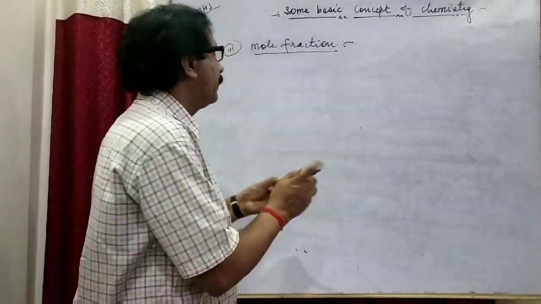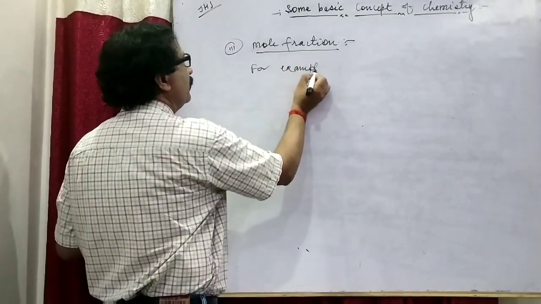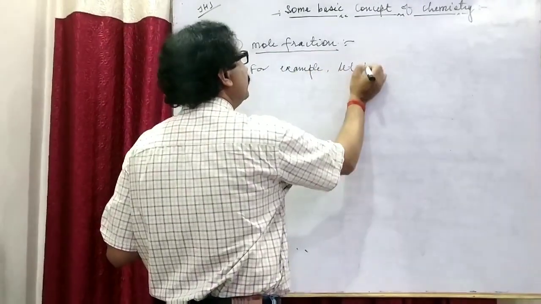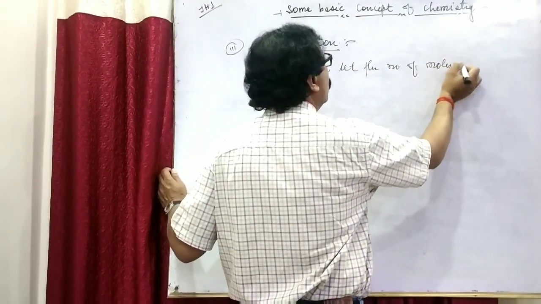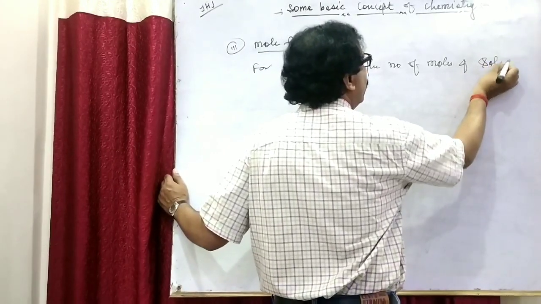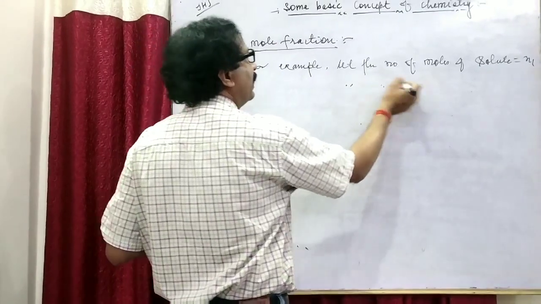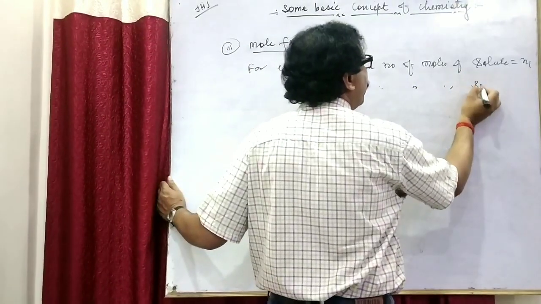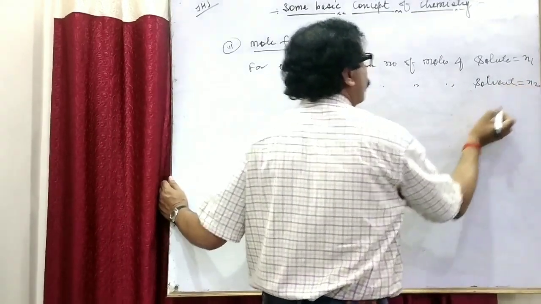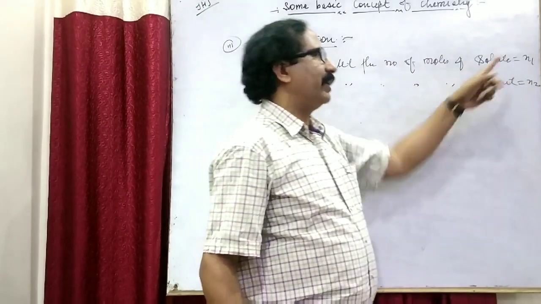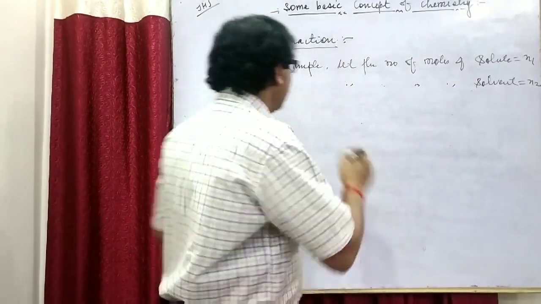For example, let the number of moles of solute be N1 and let the number of moles of solvent be N2.